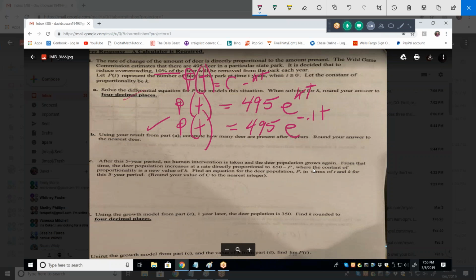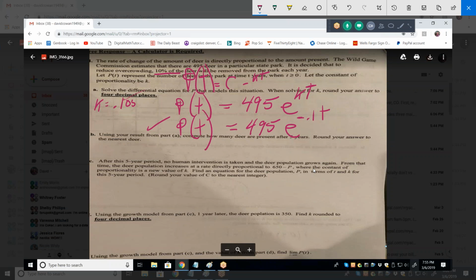I could look at it real quick. Yeah, go ahead. I think I know how to do B, but maybe we ought to look at the solution for A. For A, it says k is equal to 0.1054.